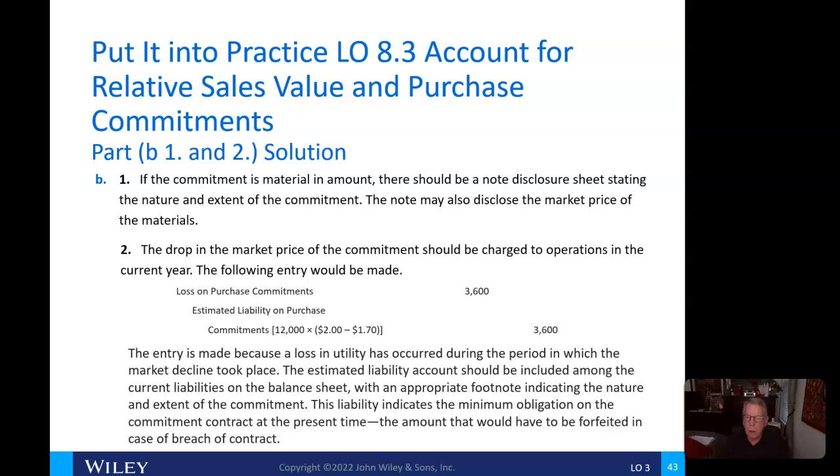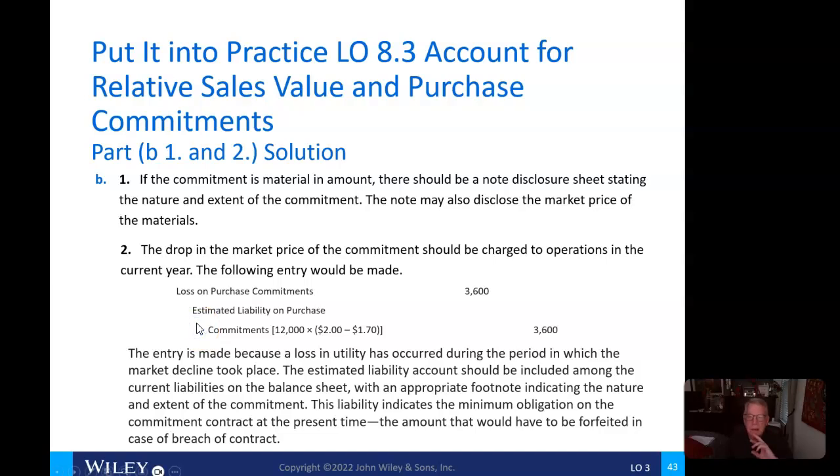The following entry would be made. We would debit loss on purchase commitments, $3,600. That's the difference between $2 and $1.70 times 12,000 units. And that gives us $3,600, which is also the estimated liability on purchase commitments here.